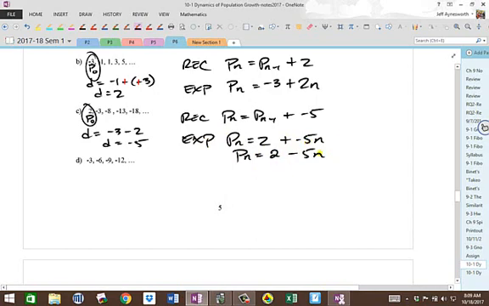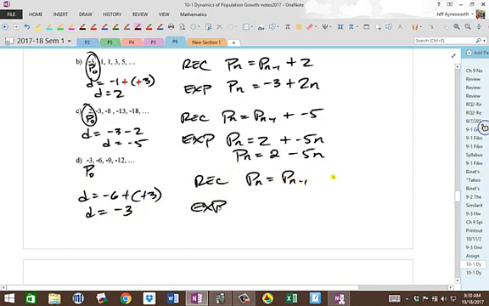Okay. Next one, the seed is -3, d is negative 6 minus a negative 3. So the common difference here, if you simplify, is negative 3. So the recursive function, p sub n is equal to p sub n minus 1, plus d, so plus negative 3, or just simply minus 3.